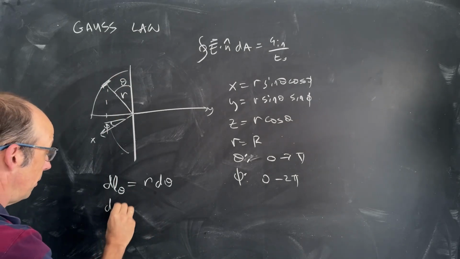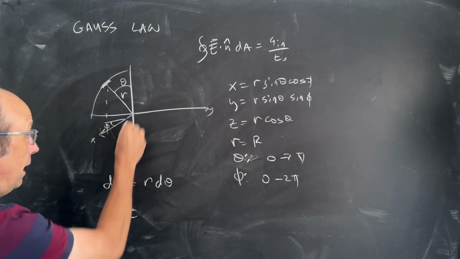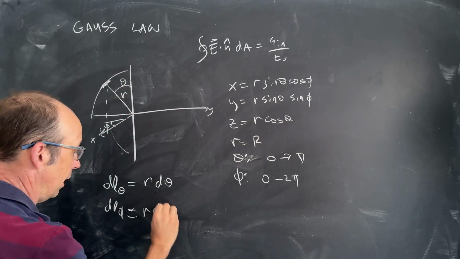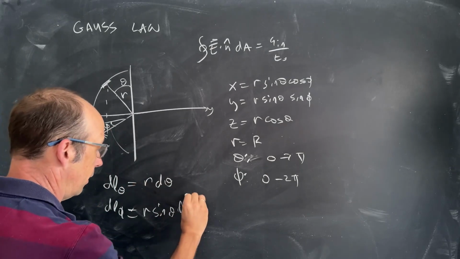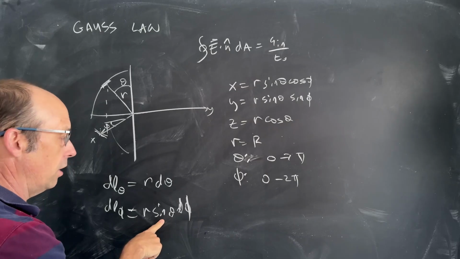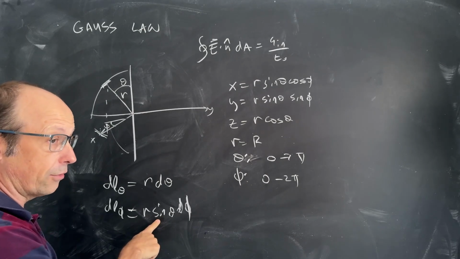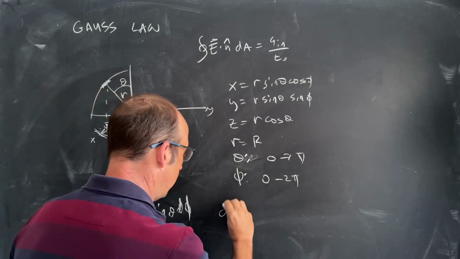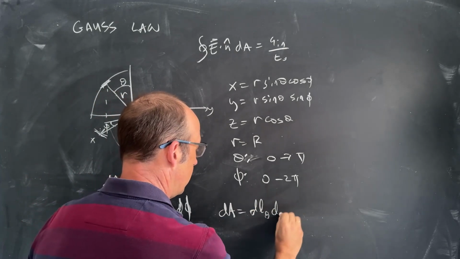My length element in the phi direction, since I project this down, has a circle radius of actually r sine theta, and then I have this piece times d phi. As I change the angle phi, I need to consider this sine theta term too, because then I can calculate dA as dl theta times dl phi.